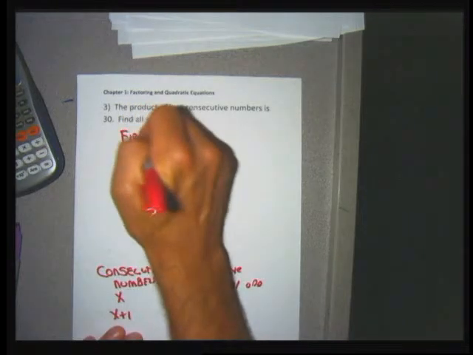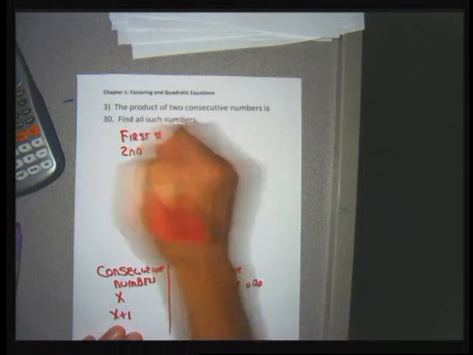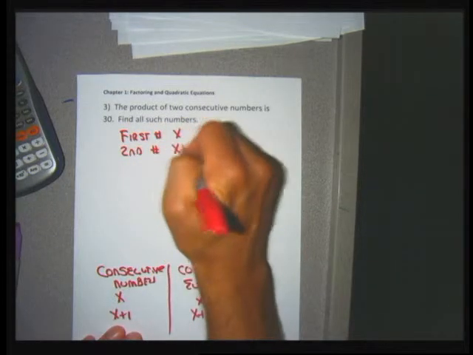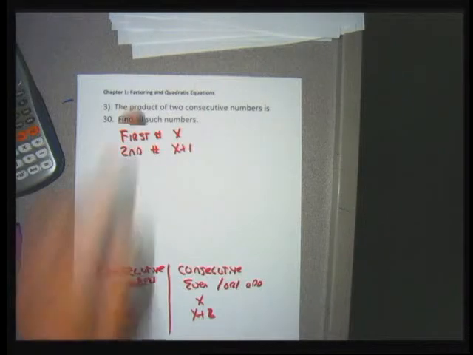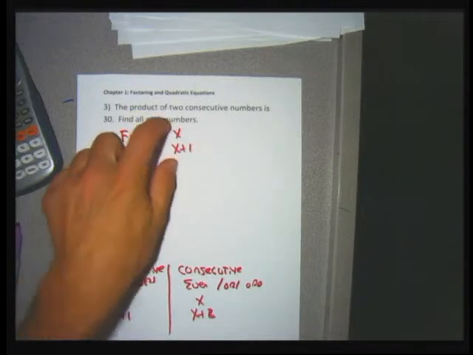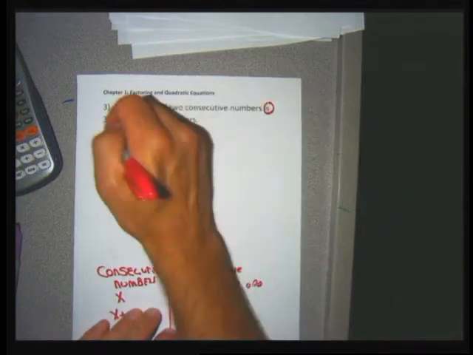And so my first number is going to be x. The second number is going to be x plus 1. And the product means multiply. I'm multiplying the two consecutive numbers. The is means equals, and the 30 means 30.